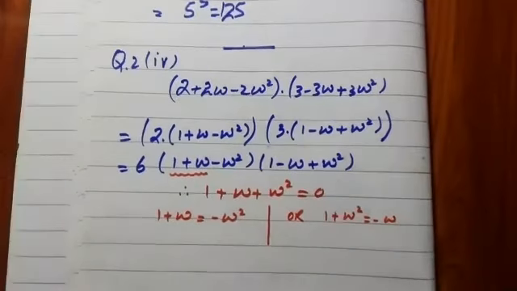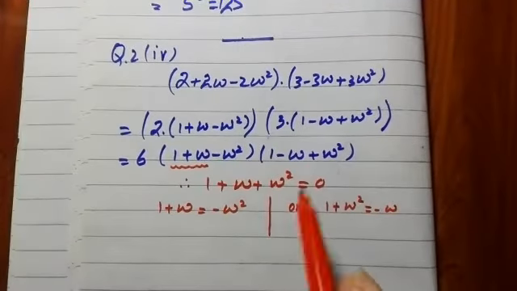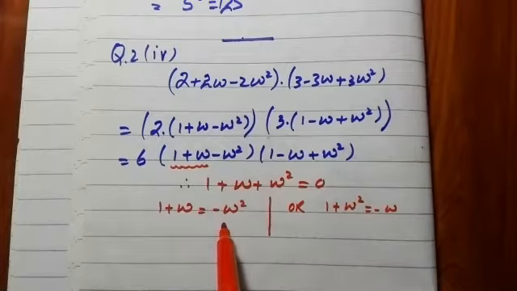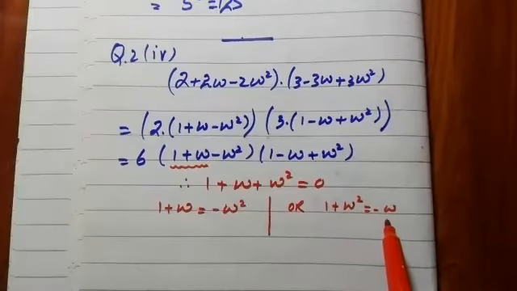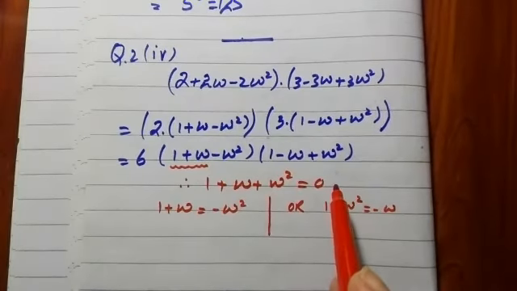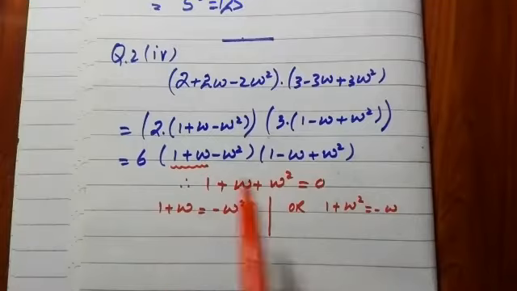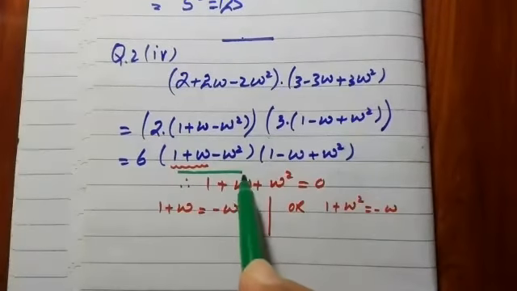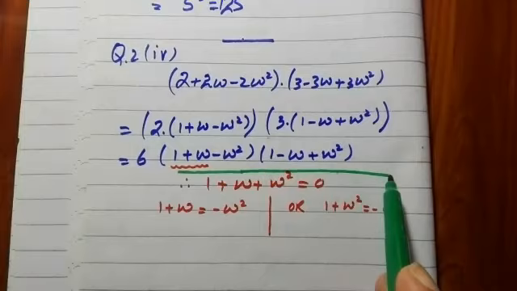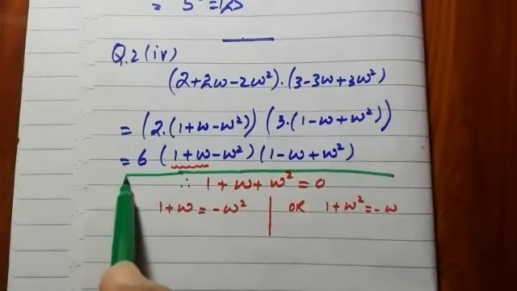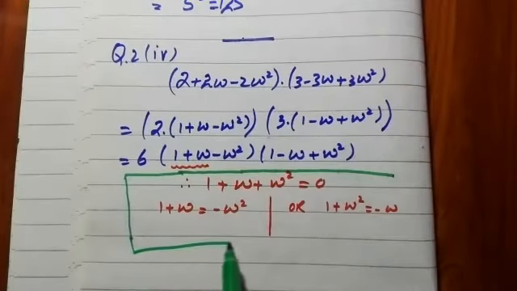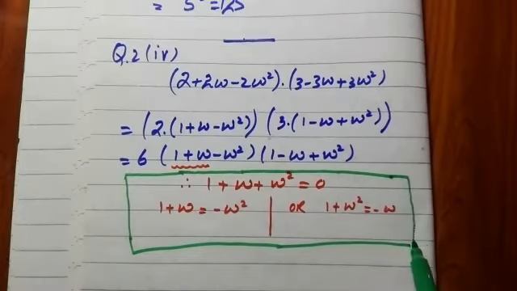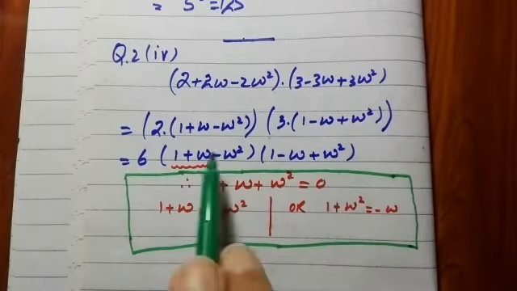The point I want to tell you is that I am deriving 2 values: 1 plus omega equals minus omega square, or 1 plus omega square equals minus omega from the same identity. This is the part which we are using for the question. So I have used one identity, but from one identity I'm getting 2 results, and these 2 results will be separately used in both of these brackets.